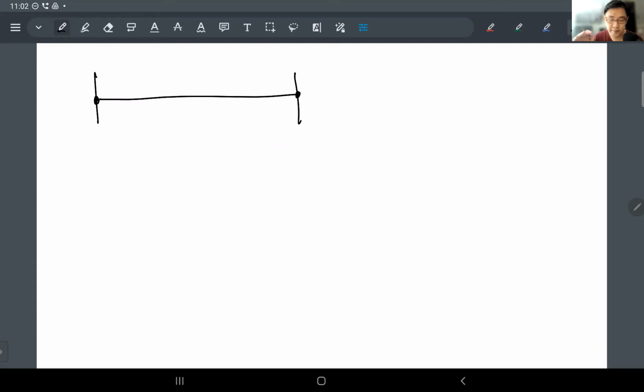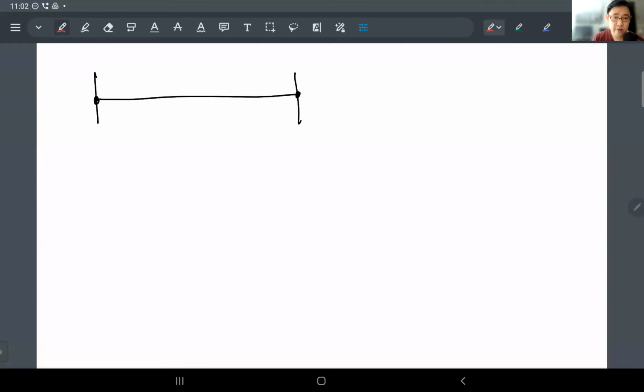Or you can think of this as a string instrument, like a guitar string or a bass string or whatever. You guys are sort of familiar with that. So you have some tension on it, and once you pluck it with your finger, you can generate a wave traveling inside that string. Okay, so far so good.